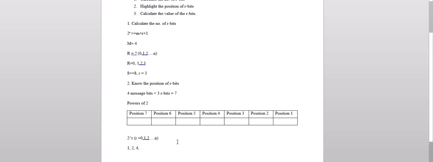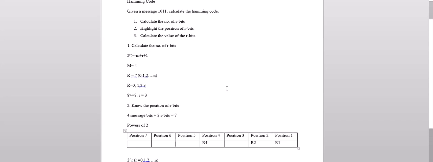So the first redundant bit will be located here, so this will be R1. Then position number 2 will have the second redundant bit, R2, and then we skip position number 3 because it's not a power of 2, and position number 4 will be the third R bit, which we denote as R4, so that we can designate its location within the naming.